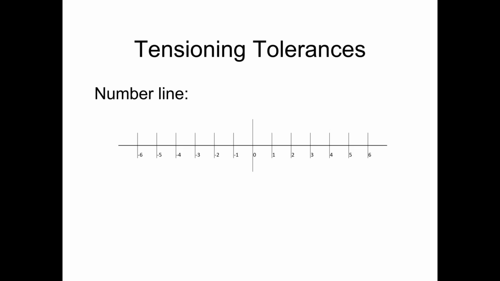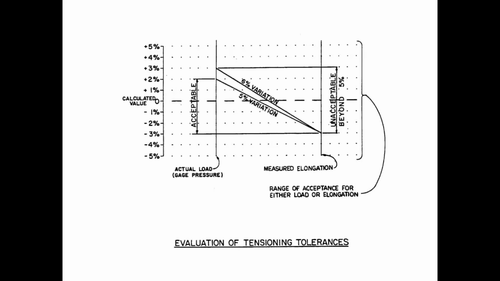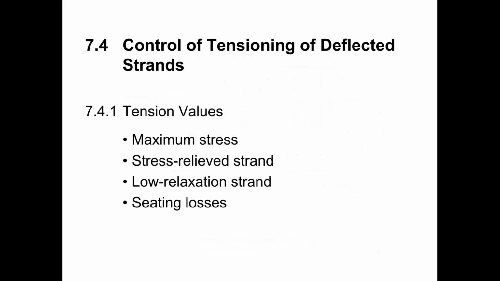Draw a little number line and then assess whether or not that strand was tensioned within tolerance. This is another table, another way of evaluating tensioning tolerance. I think the number line is easier, so we'll just skip that one.